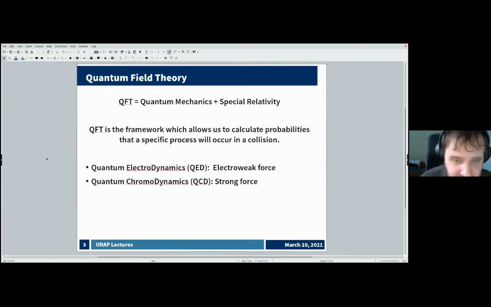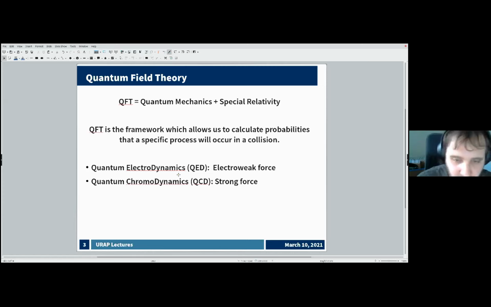And QFT is the framework that allows us to calculate predictions for the Large Hadron Collider and other collider experiments. It gives you the probability that a process will occur. Of course, I should put probability in quotes. In the end, what we calculate is something related to probability, which is a cross-section.